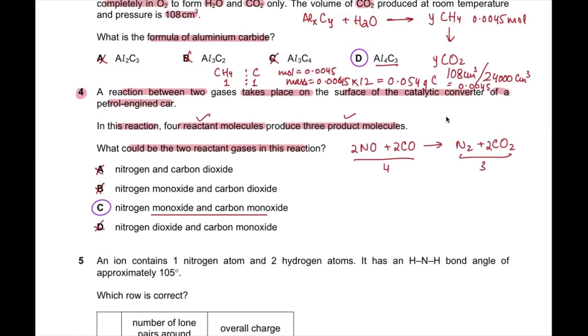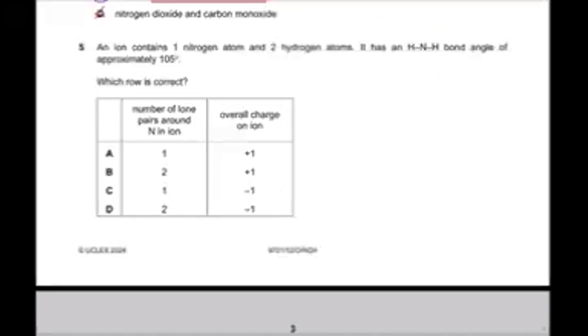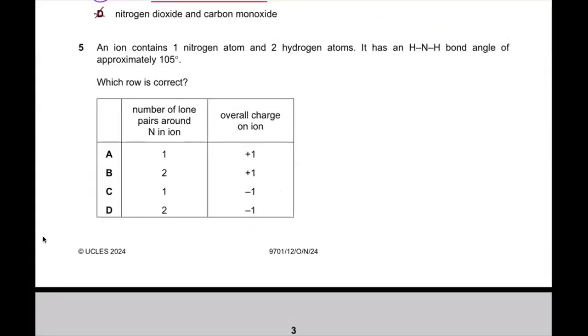Okay. Now, MCQ number 5. An ion contains 1 nitrogen atom and 2 hydrogen atoms. It has a hydrogen bond angle of approximately 105 degrees, which is correct. So if this is the case, that resembles the shape of water.